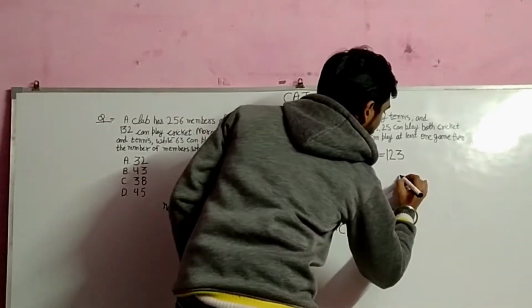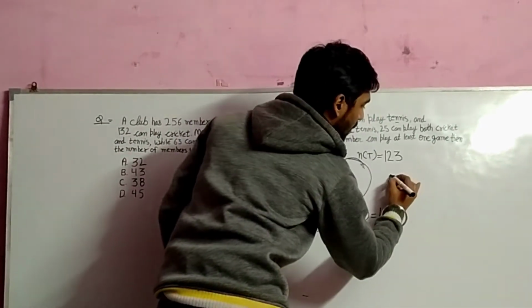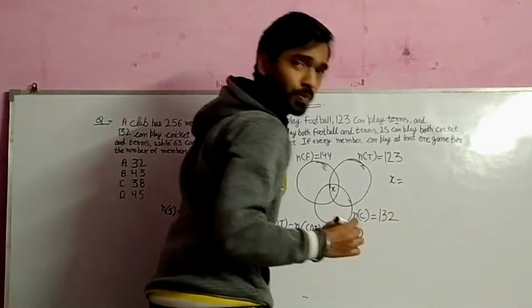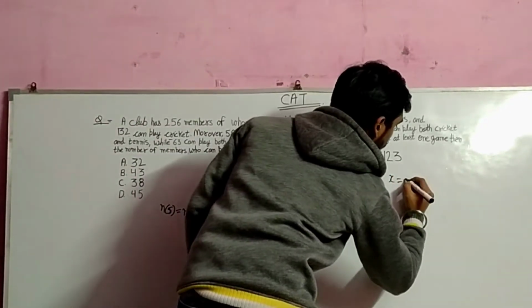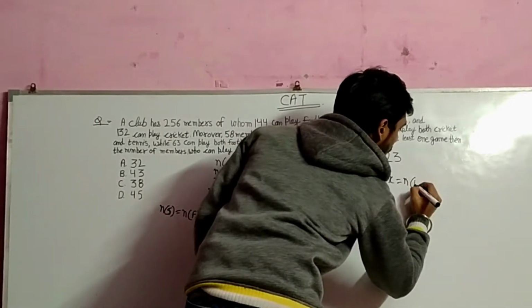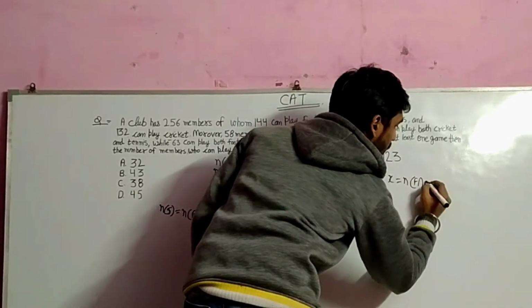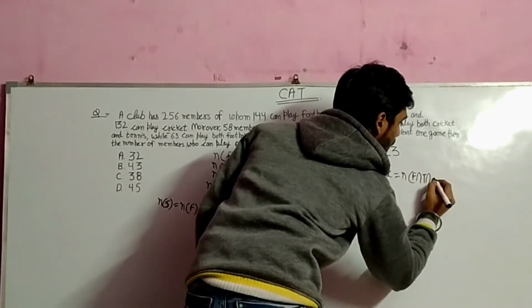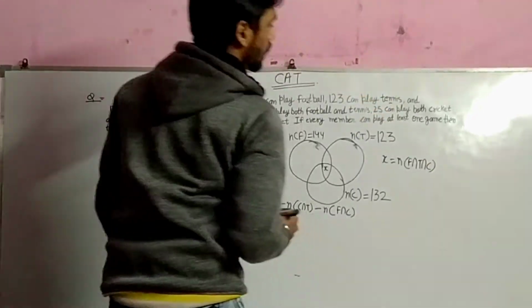So what is the value of X? X equals n(F intersection T intersection C).